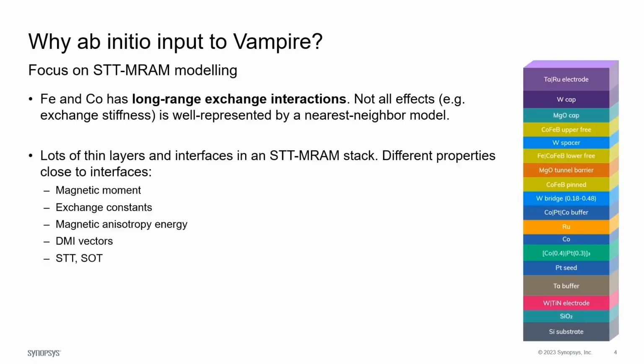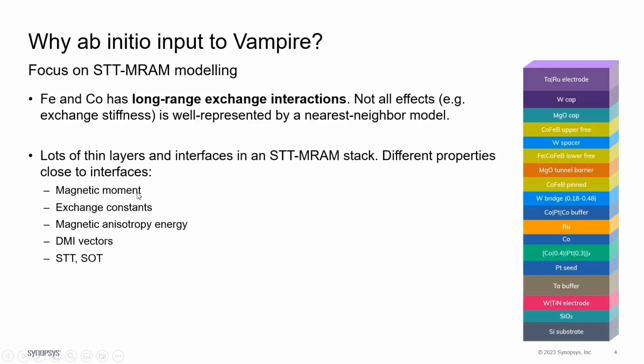Another reason is that when we consider a structure of an STT-MRAM stack indicated to the right here, it's evident that there are lots of interfaces and lots of thin layers. And close to interfaces, several magnetic properties become different than they are in their bulk environment.